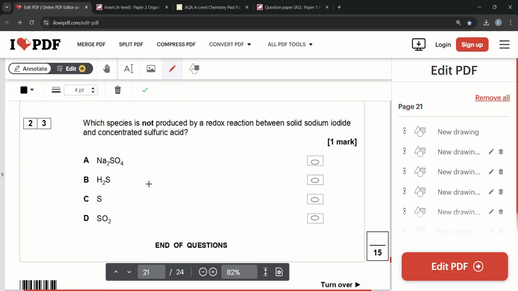Which species is not produced by the redox reaction between solid sodium iodide and concentrated sulfuric acid? This is the equation you do have to learn off by heart.